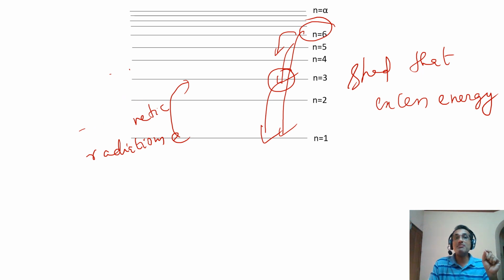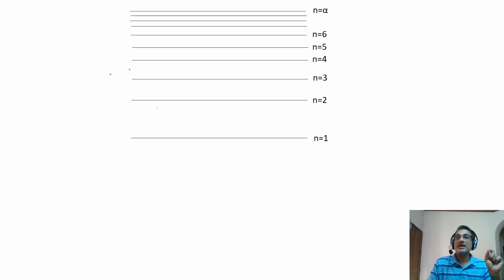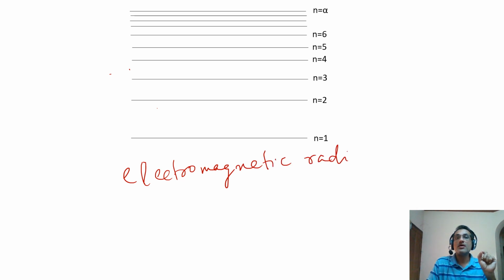So what Balmer did was, among the different types of electromagnetic radiations which were emitted, he observed those electromagnetic radiations which were emitted in the visible range.